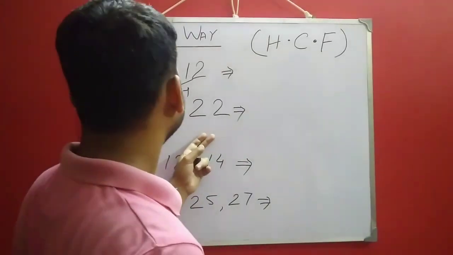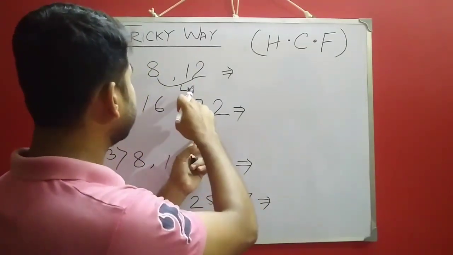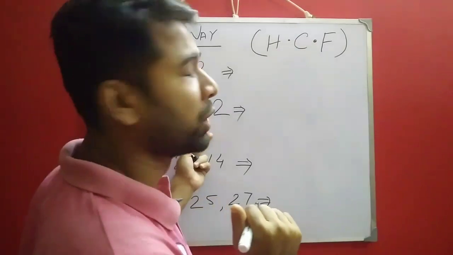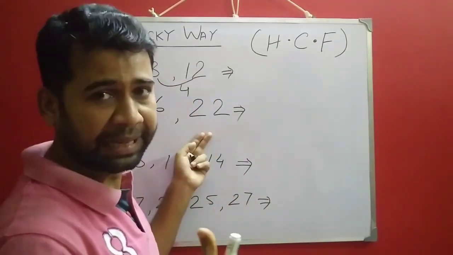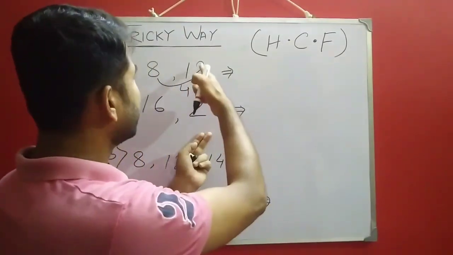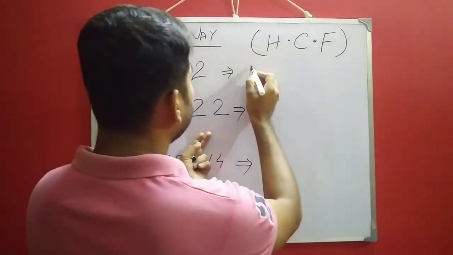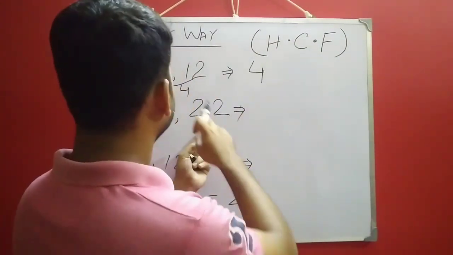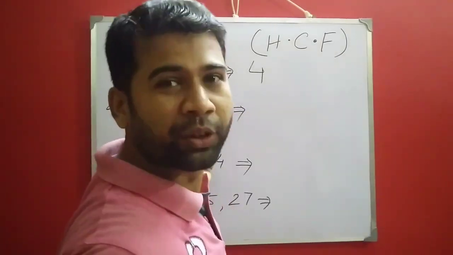After that, you have to check whether this number is a divisor of each of the numbers or not. So, first check: is 4 a divisor of 8? Yes. Then is 4 a divisor of 12? Yes. So, our answer is 4. So, the HCF of 8 and 12 is 4.